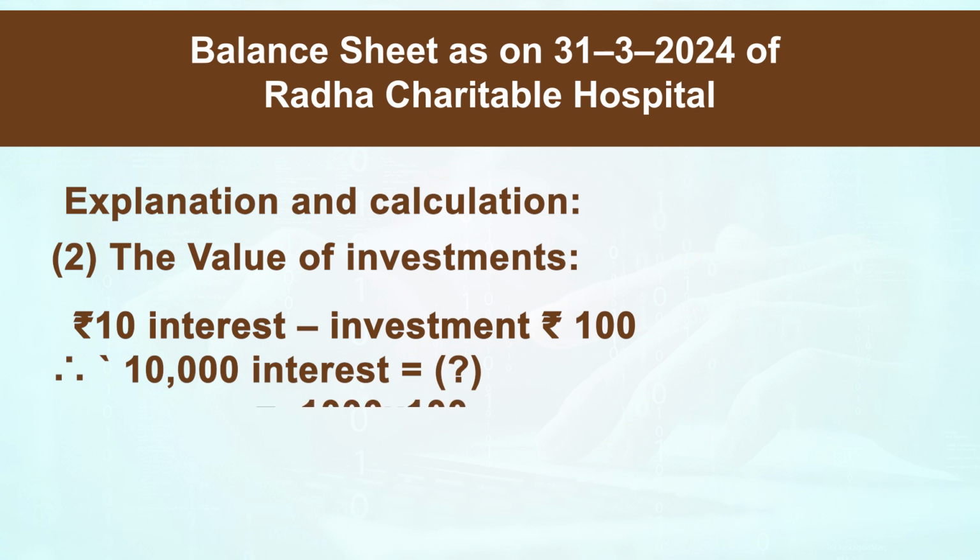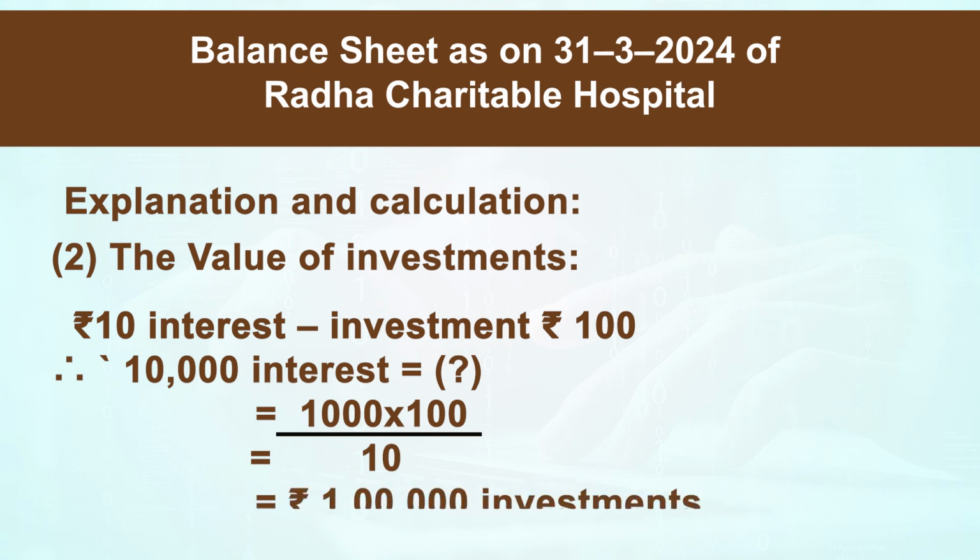So we will do cross multiplication over here. What we have to do? 10,000 into 100 divided by 10, and we will get investment of rupees 1 lakh. I hope this point is clear to you. When information is not given in the question, we have to assume likewise, and then we have to do cross multiplication and find out the investment amount.